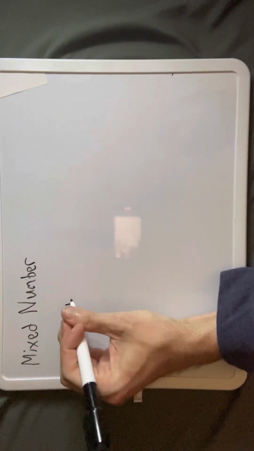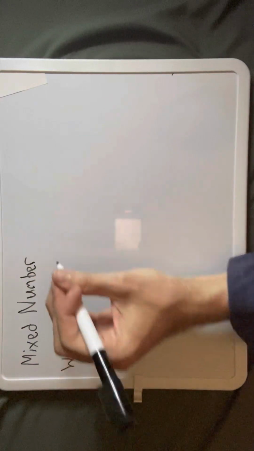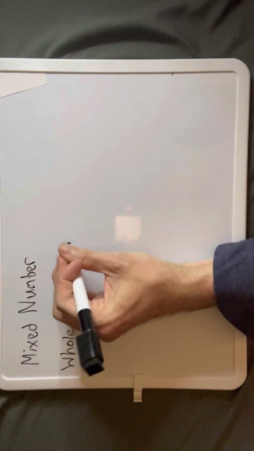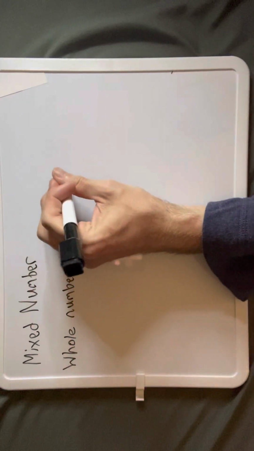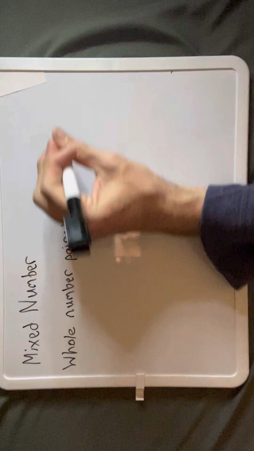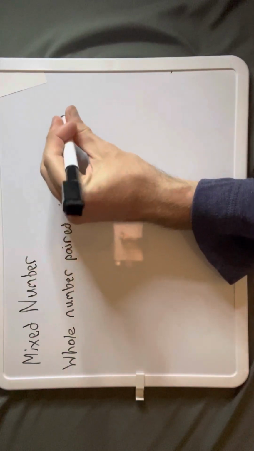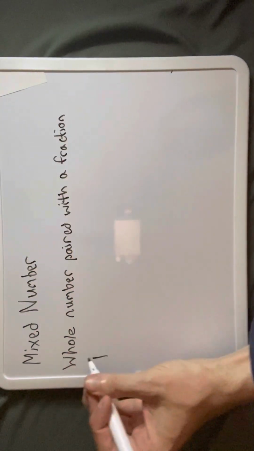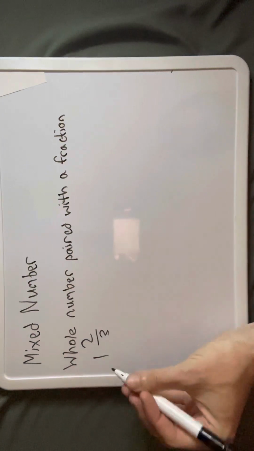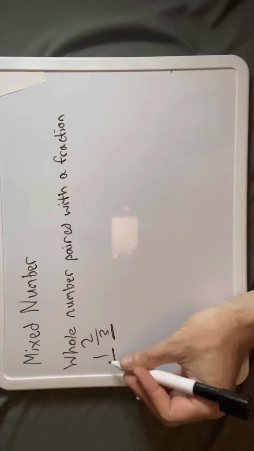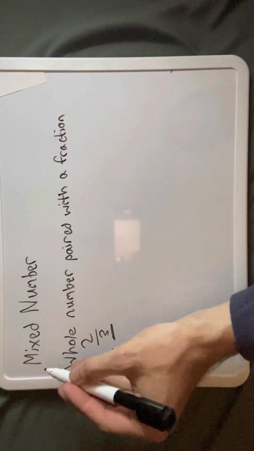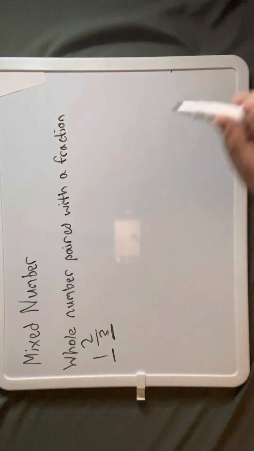So a mixed number is a whole number paired with a fraction. So that looks like something like 1 2/3, because we have our whole number and we have our fraction. 1 2/3 makes a mixed number.